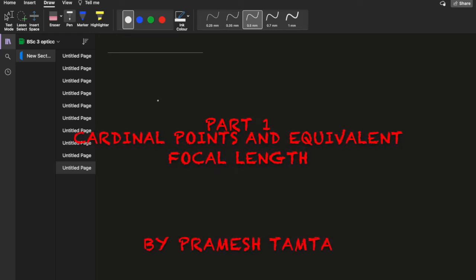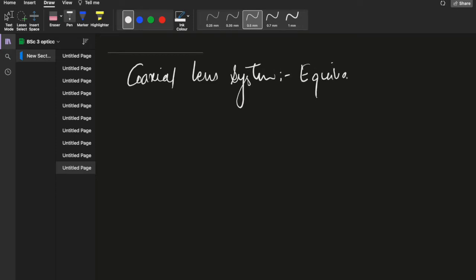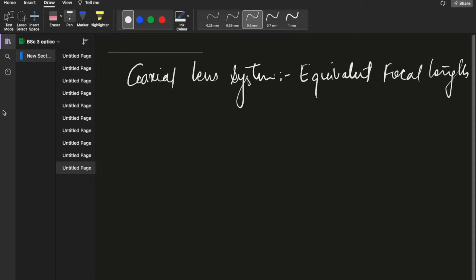Everyone. Today we are going to study what is equivalent focal length and how we calculate the cardinal points for a coaxial lens system. So today's topic is the coaxial lens system, for which we will find equivalent focal length and cardinal points.